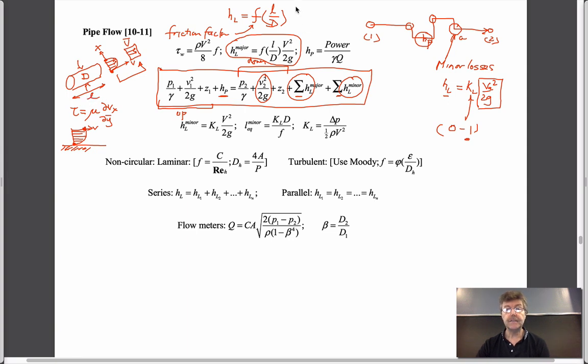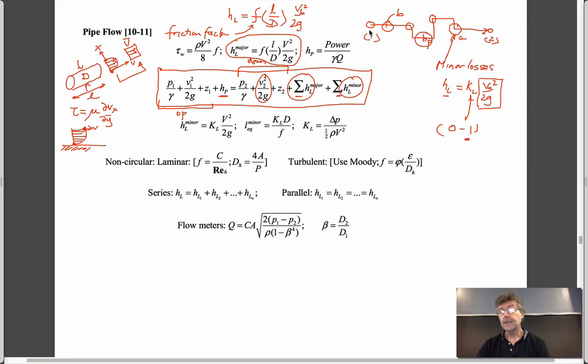And it's this velocity squared over 2g term. And this also, I'm going to call it V, represents whatever the velocity is in the pipe at that particular location.